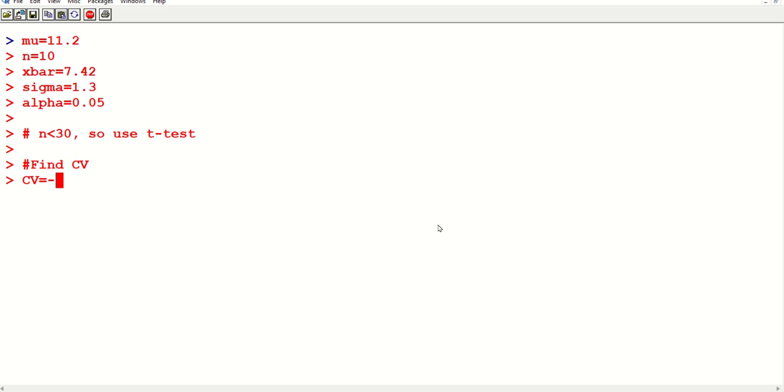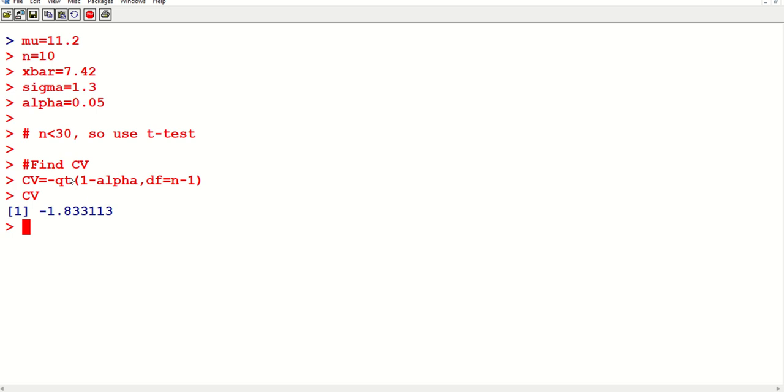So critical value, this is qt, and it is 1 minus alpha, comma degree of freedom n minus 1, because we are using t-test. And if you will check, the critical value is coming negative, minus 1.3833. So you need to remember this.